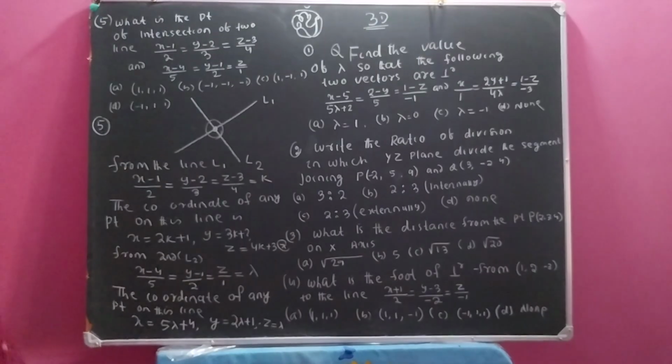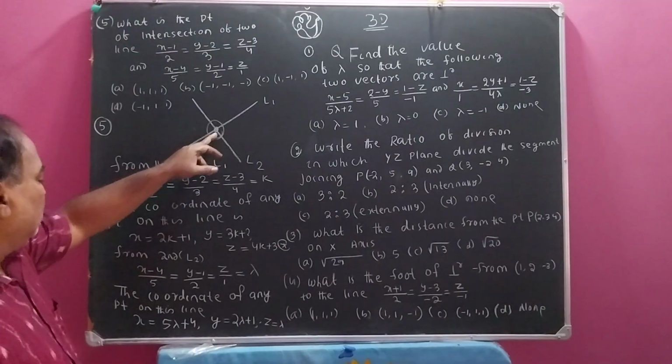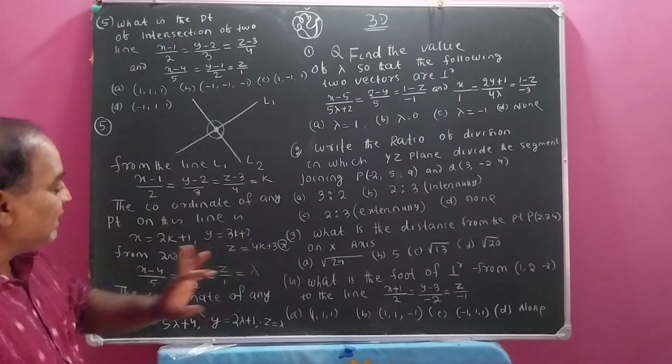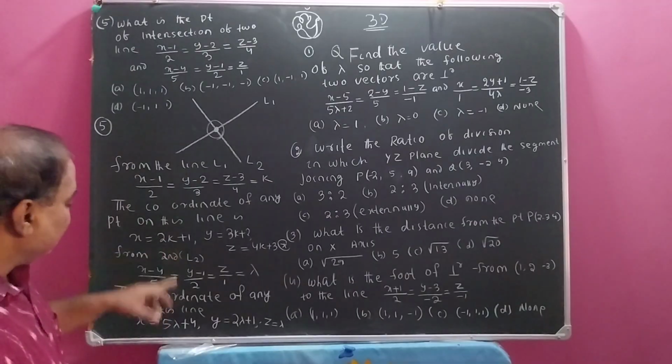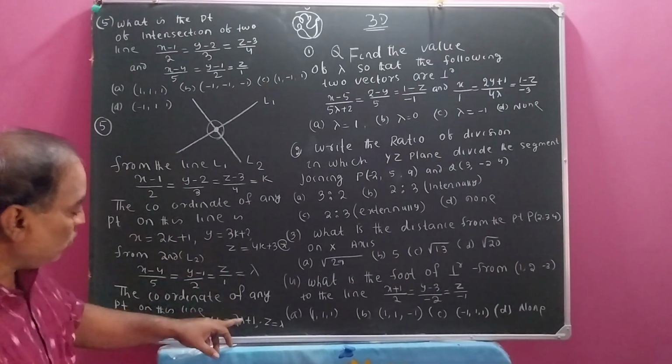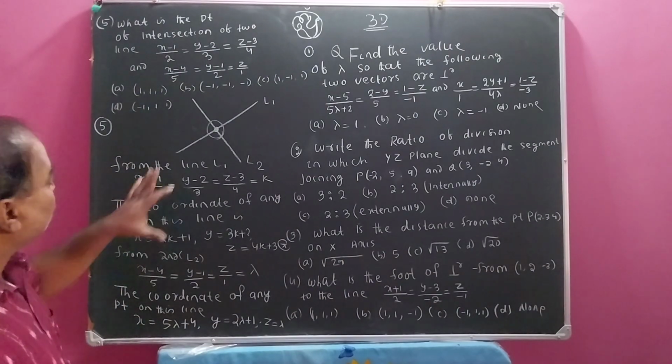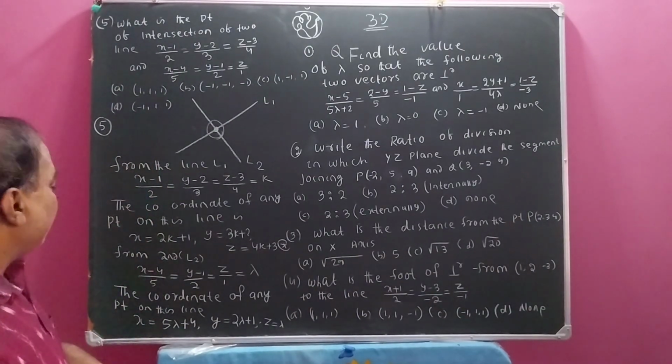Okay, so at the point of intersection x is equal to x, y is equal to y, z is equal to z, equating them, because the coordinates x, y, z will remain the same.